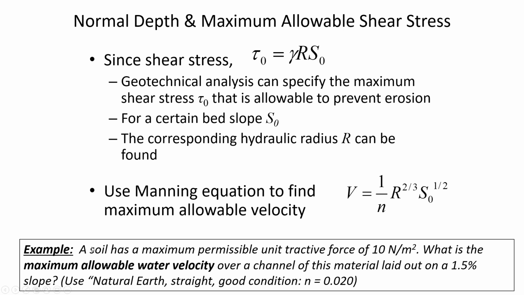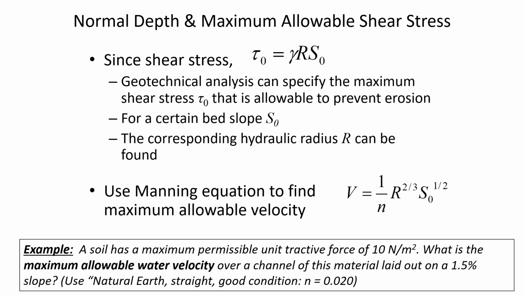If we've done a geotechnical analysis and we know that the maximum permissible unit tractive force is 10 newtons per meter squared. So that's just an idea of, if we have this channel and the water is moving downstream, of course the soil is resisting that flow.